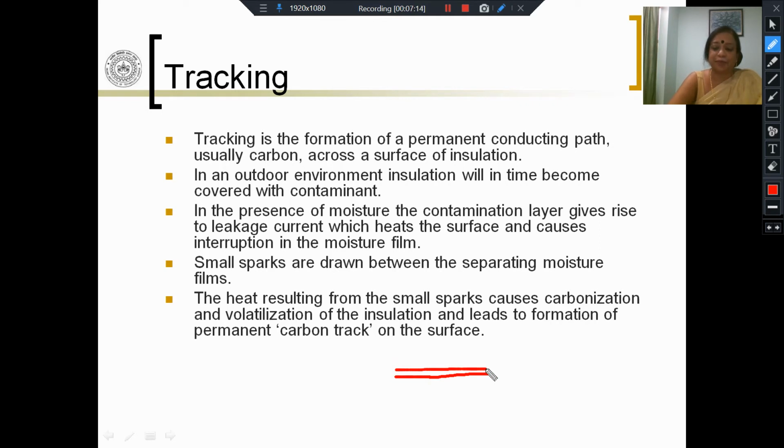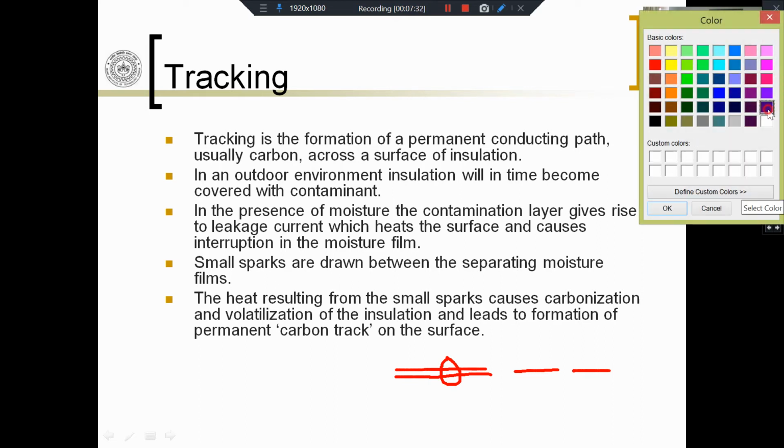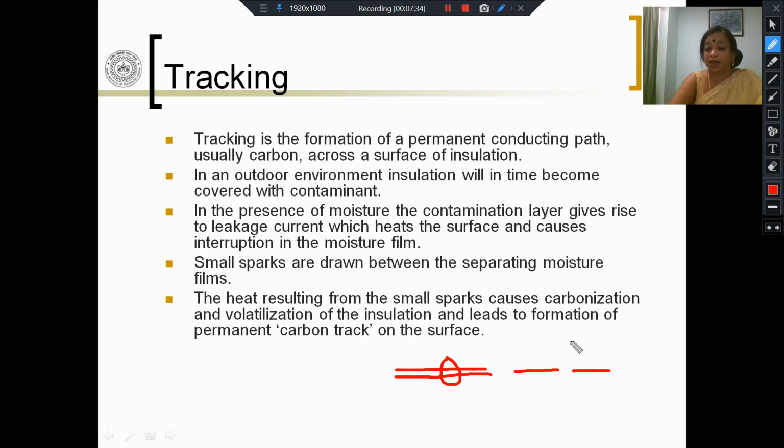Now let us say because of the heating, just a small region, the moisture in this region is evaporated. As a result, what you have is you have moisture, but in between the two, you have a small gap. So now you have two conducting layers, you have two conducting channels, and suppose this is connected to the high voltage electrode and this is connected to the low voltage ground electrode, which means now effectively the high voltage is available here.